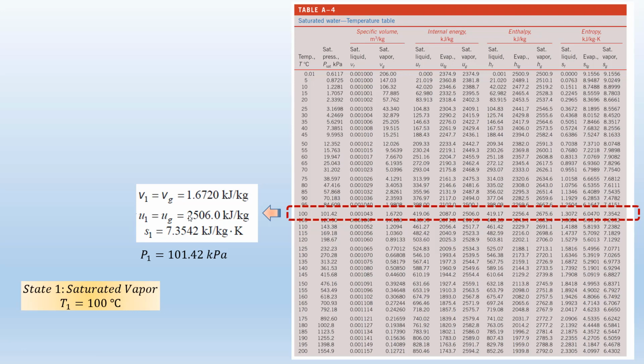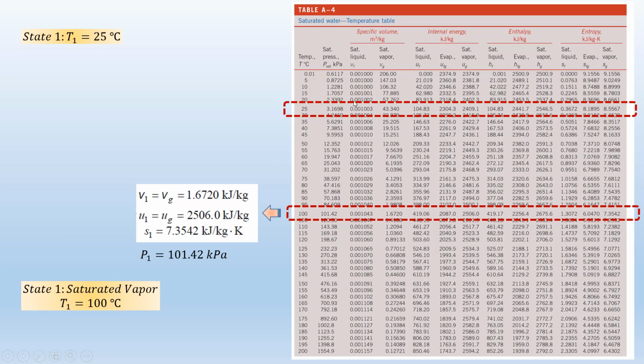So for the second state, state 2, we have the temperature. The temperature is known, 25 degrees centigrade. And then, look, guys, we know that ν1 equals ν2. ν2 is 1.67.